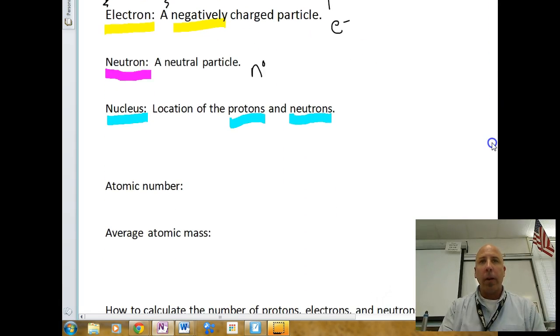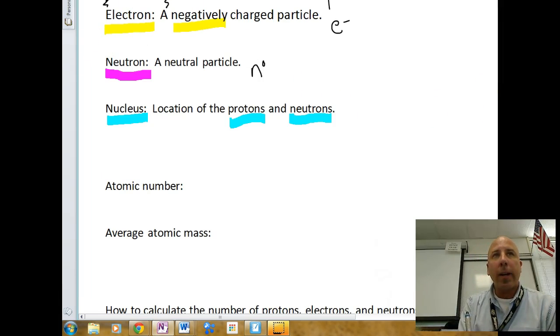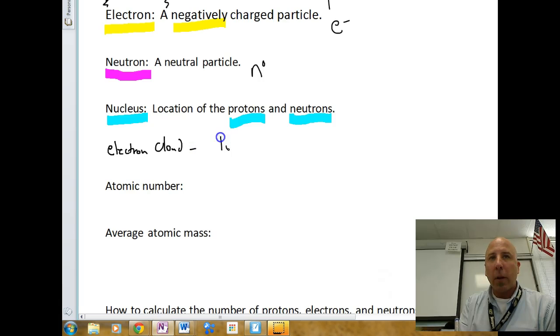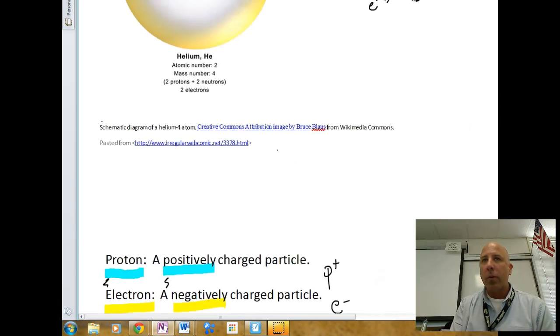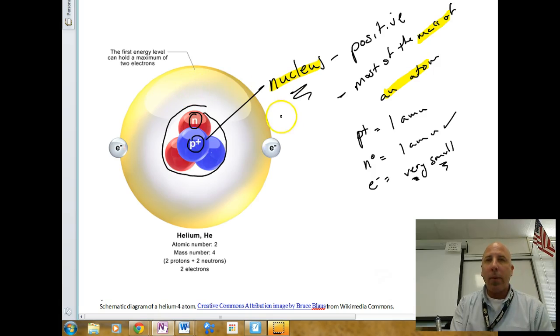Again, the nucleus is the location of the protons and neutrons. Something we also need to add here is what we call an electron cloud. This is the location of, obviously, electrons, and we like to describe it as a cloud. Oftentimes atoms are shown with electrons having a fixed orbit around the positively charged nucleus, and that's not necessarily 100% correct. We like to say that they're a cloud.